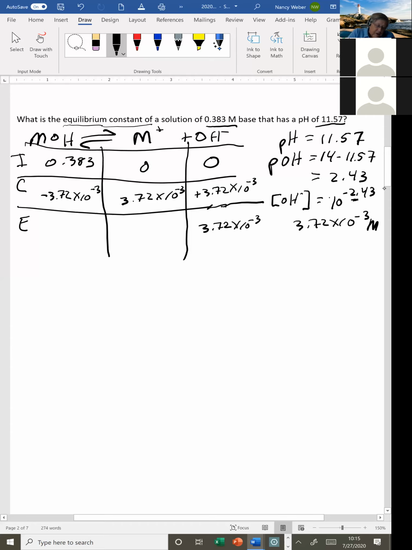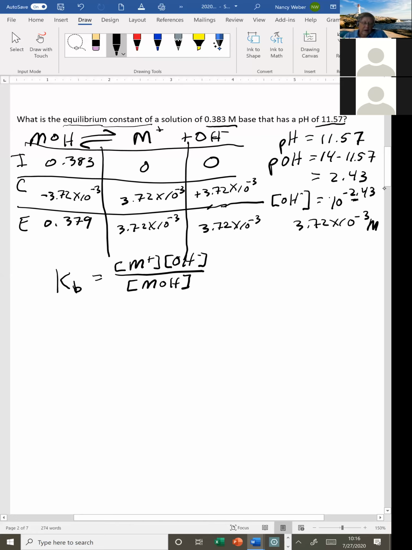So this is good. When I subtract these two, 0.379. Now, this time, because I'm working with OH, I'm going to have a KB. The KB equals the cation times the hydroxide ion divided by the concentration of the metal hydroxide.